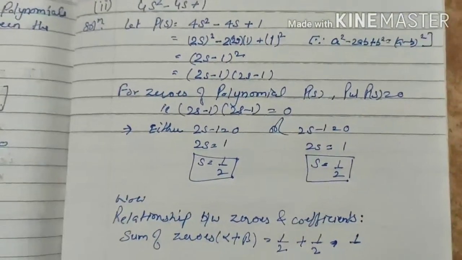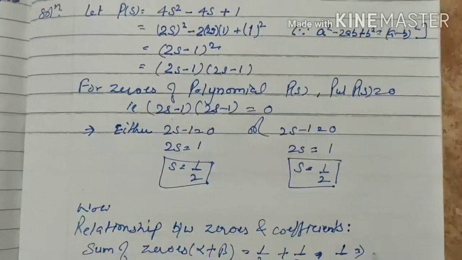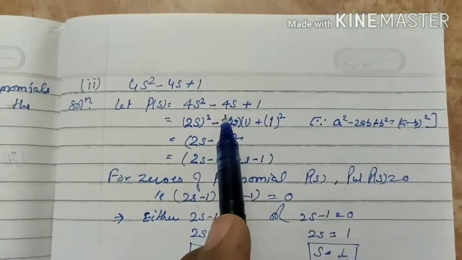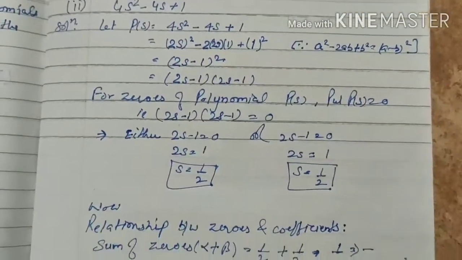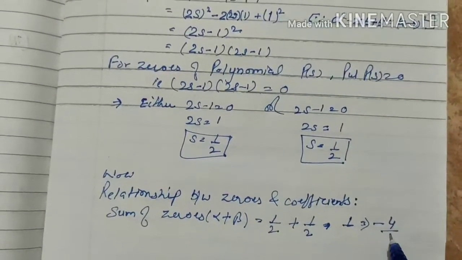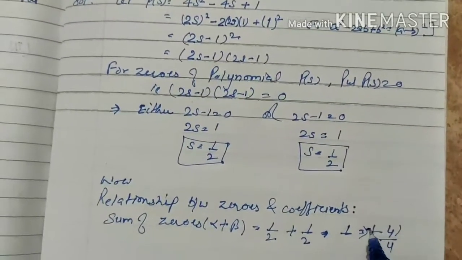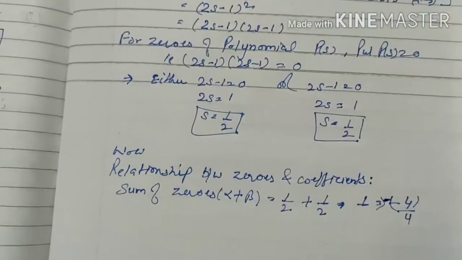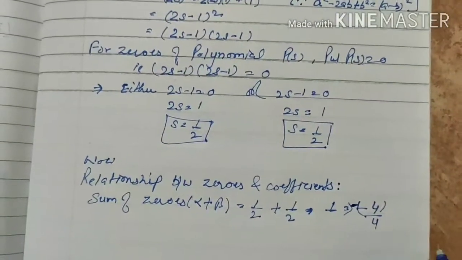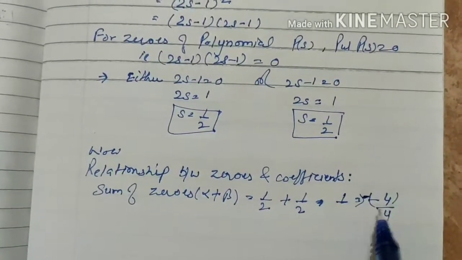Okay, so now you can see in the given polynomial we have minus 4, but we have to make minus b by a. So we can multiply 1 by minus 4 and this will become minus 4 upon 4. As you can see, I wrote minus of minus 4 upon 4. So this 4 will be cancelled and minus will become plus, so the whole value will be plus 1.